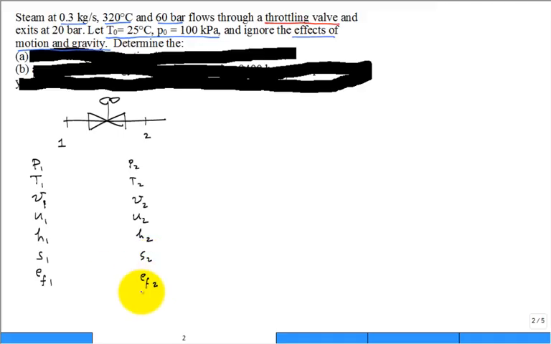Even before we uncover what we're asked to find, you should be able to think through this problem. Do you know enough about throttling devices? What happens to the pressure? What does P2 do? Is it greater than P1, equal to P1, less than P1?